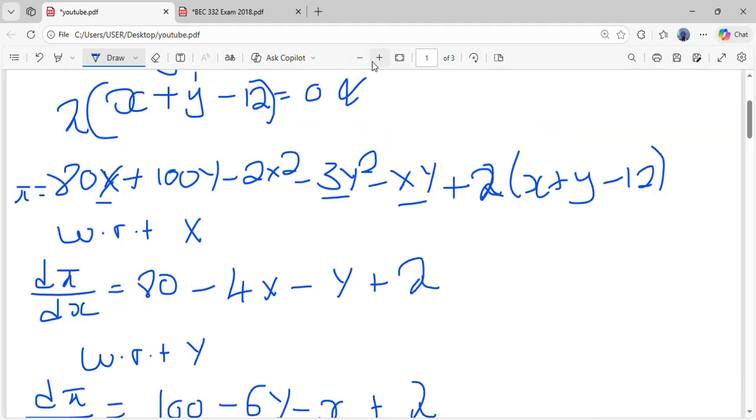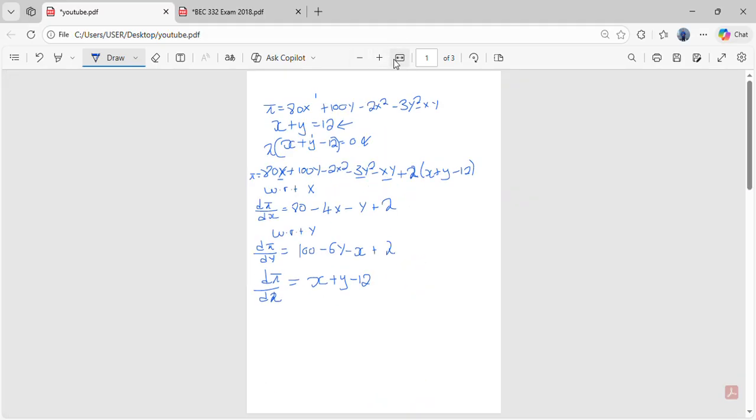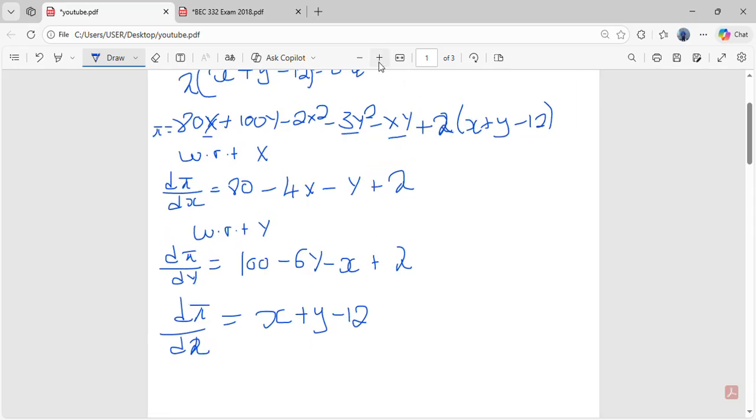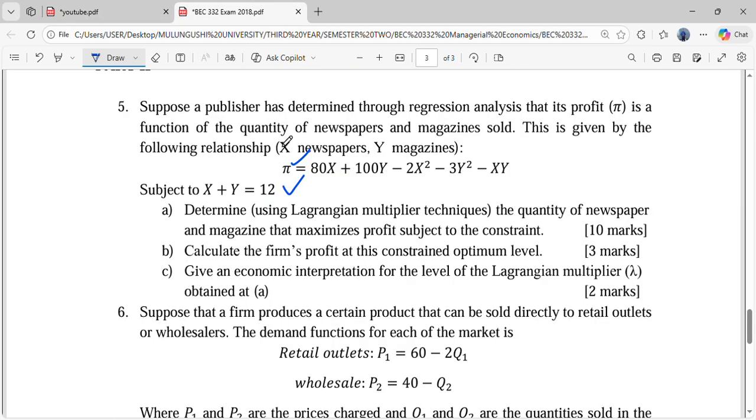So now what are we going to do in this particular question? So what we are going to do is something that is very simple. What is that? If you look at everything in this particular case, remember the question says determine using Lagrangian multiplier techniques the quantity of newspapers and magazines that maximizes profit.